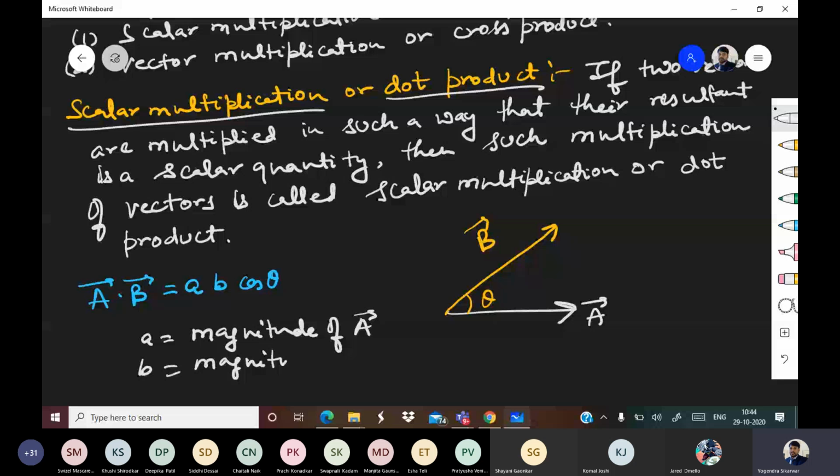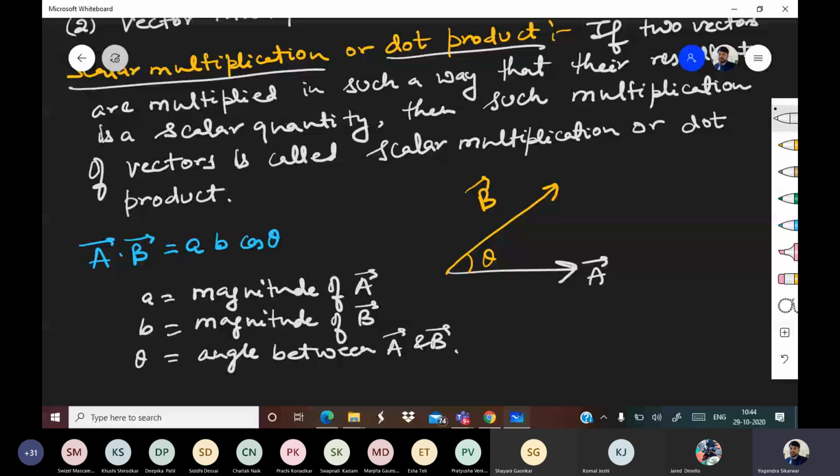And theta is the angle between a vector and b vector. So it is that simple. A vector dot b vector is equal to ab cos theta. As it is a scalar quantity, we don't need to talk about the direction.